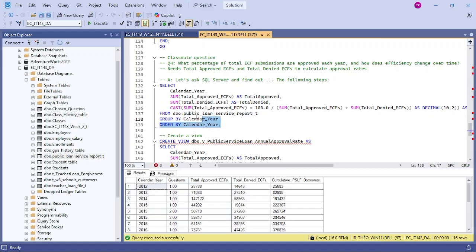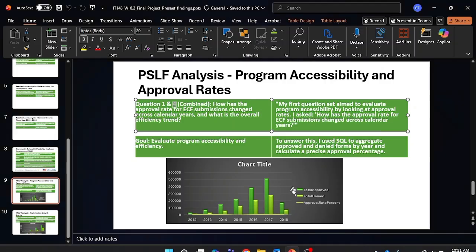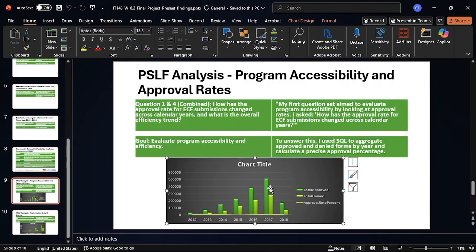So I will execute. These are the results, and from these results I created this chart, and we see that the approval rates constantly remain above 50% for most years in this dataset, highlighting a consistent success of the program.